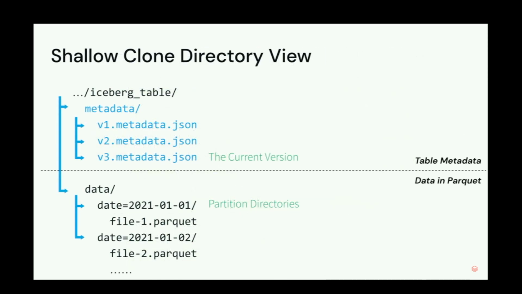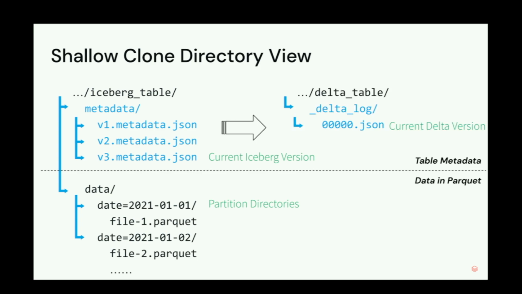Very similar. I just want to show you how the files are organized in the directory. This is the Iceberg table, how it's organized. When it's doing the shallow clone, it will create another directory with the Delta metadata layer, and it's pointing to the original data directory from the Iceberg side.